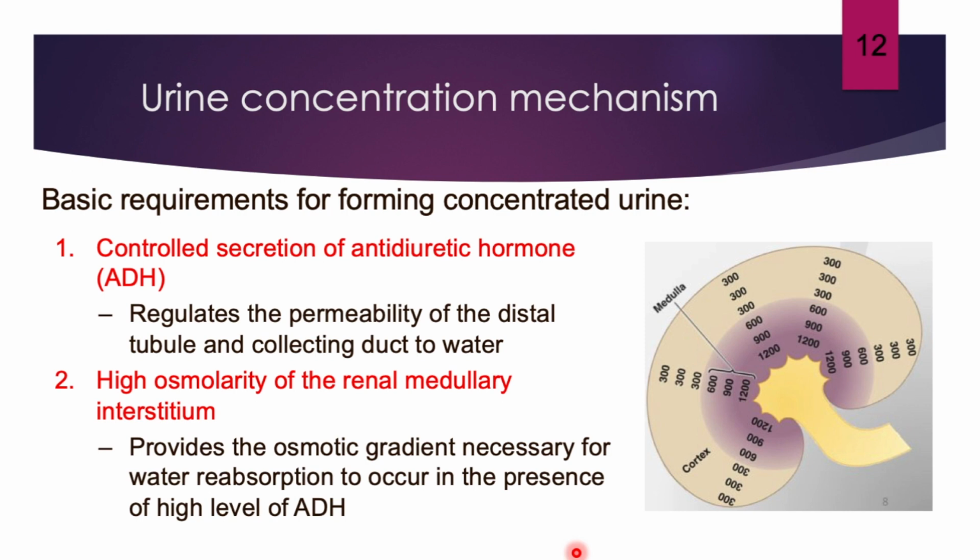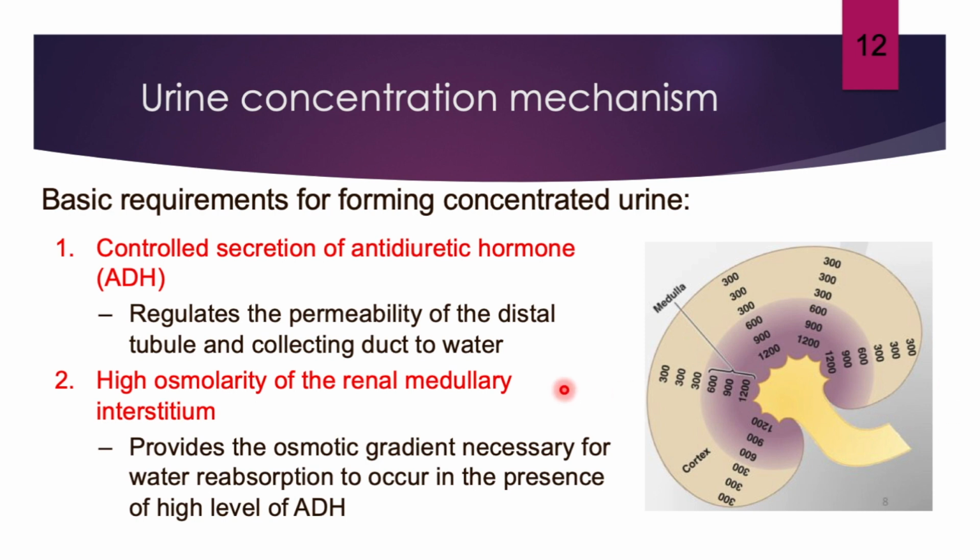As we have learned in previous lecture, ADH regulates the permeability of the distal tubule and collecting duct to water, meaning in the presence of ADH, these tubules will become permeable to water, hence will allow water reabsorption.